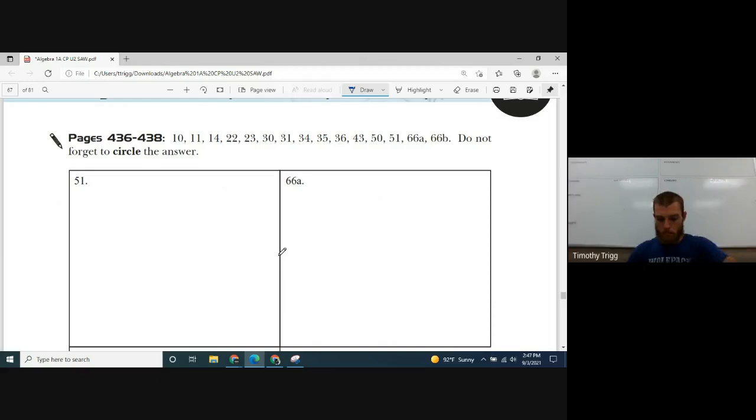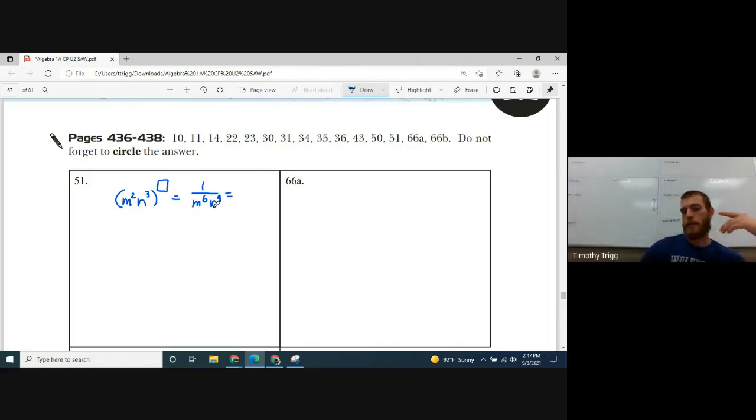51. Here we have m squared n to the third to the power of blank equals 1 over m to the sixth n to the ninth. Okay.